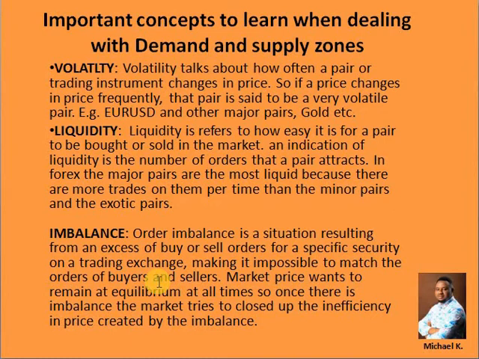So the market has to find a way to create balance back. This is what gives the market that rhythm, or the wave-like movement, because the market always wants to create balance. We look at all this in the live chart and see how to identify these zones.